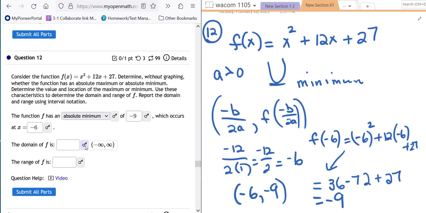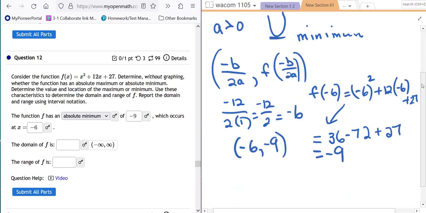All right, now your range without the graph, which is what they wanted us to do. All we have to know is how it opens and the vertex. All right, we know it opens this way, so this is the lowest point of the graph, and it goes from there to infinity. We need the y-coordinate of the vertex, so for our range, it will start at -9, and it will go to infinity.